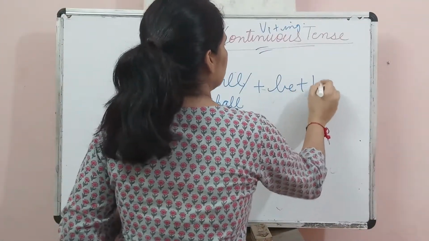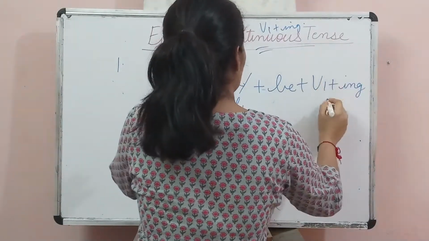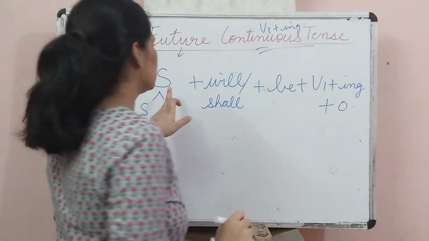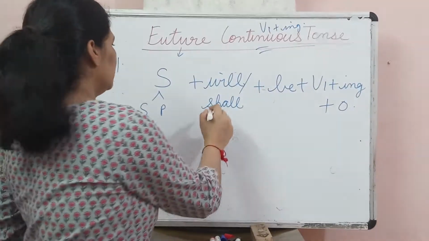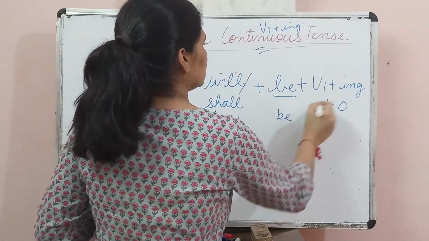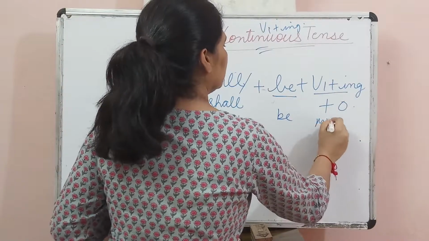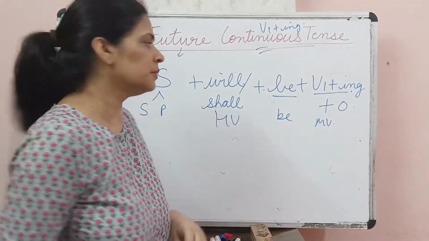Be plus V1 plus ing, and then the object of the sentence. So we can write subject plus will/shall as the helping verb, then this is the be that is to be written, and this is the main verb with the ing form, and object.